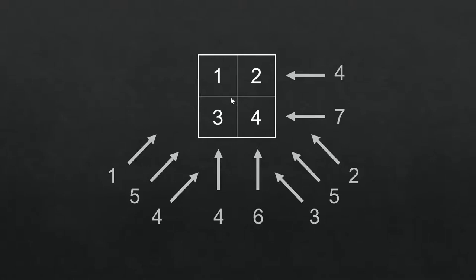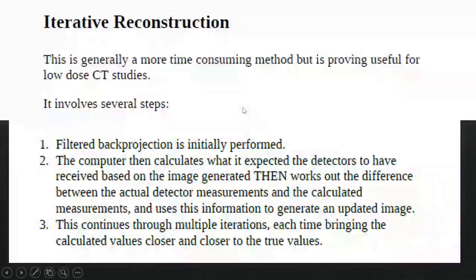The advantage of filtered back projection is that it is easy and does not take much time in processing. The time it takes for calculations is not significant. However, iteration is more complex, but it shows better results. Why does it show better results?